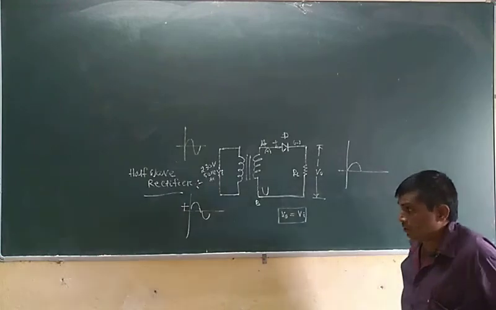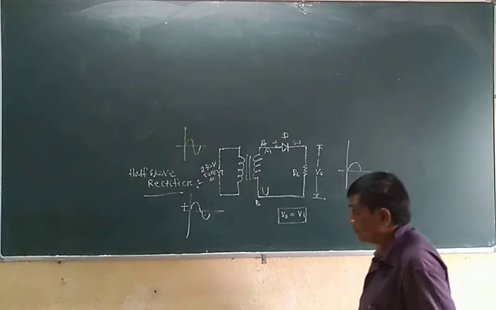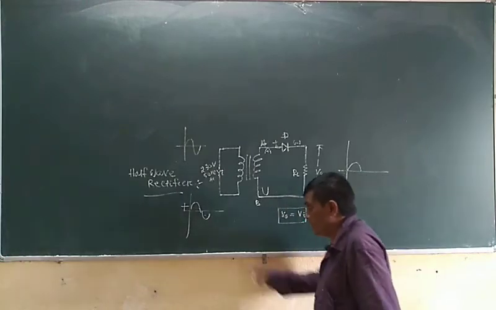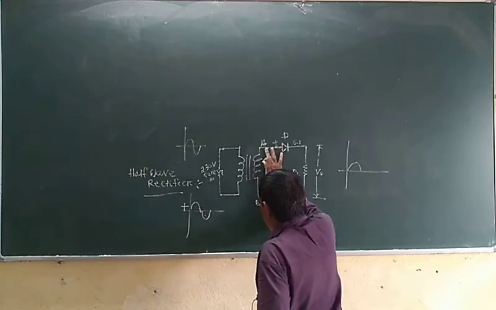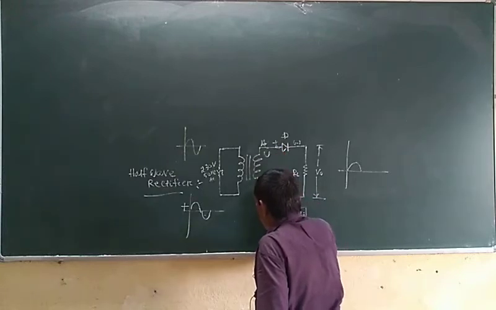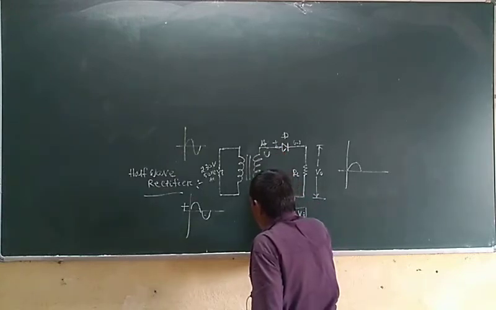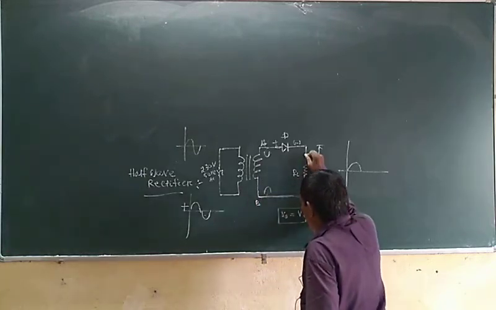But what happens in the diode circuit when the negative half cycle reaches point A? At that time the positive half cycle reaches point B, which connects to the cathode.